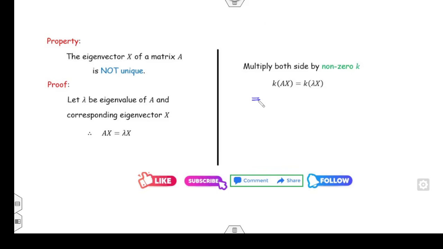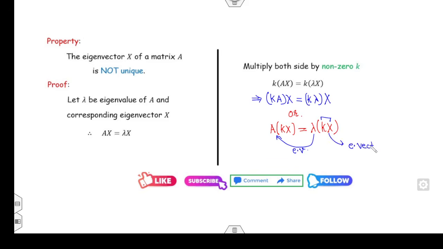That means k of Ax is equal to k lambda of x, or you can say A into kx is equal to lambda times kx. Lambda is the eigenvalue of A, and kx is the eigenvector of the matrix A.